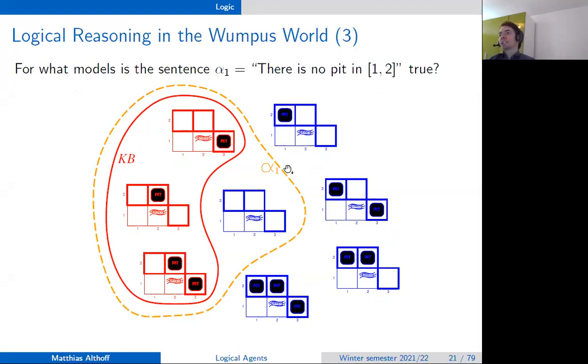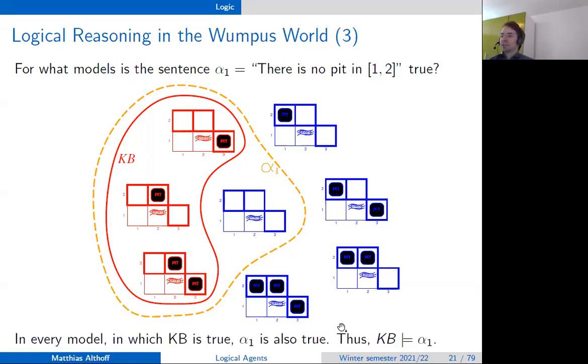And what we can now see is that the models for which alpha 1 is true are a superset of the models for which the knowledge base is true. So as a consequence, we can say, given the knowledge base, we can entail that alpha 1 is true. So meaning we have proven there is no pit in 1-2 given the knowledge base. So this is what we've achieved just now.